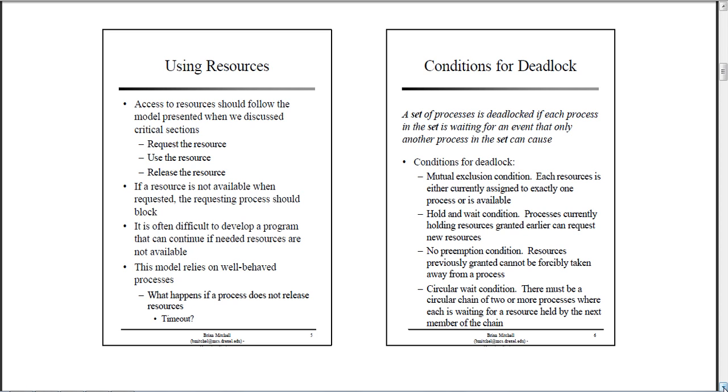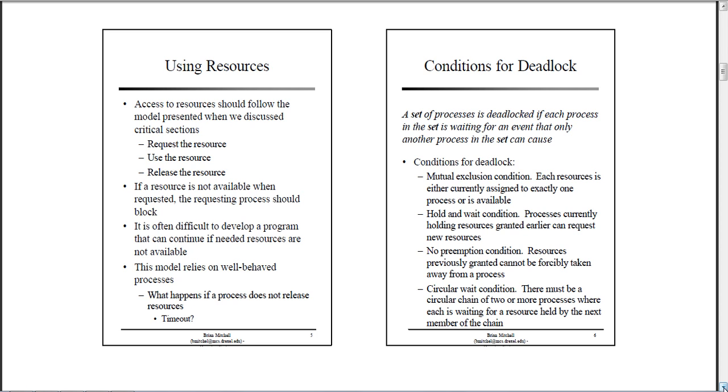Timeout. Conditions for deadlock. A set of processes is deadlocked if each process in the set is waiting for an event that only another process in the set can cause. Conditions for deadlock. Mutual exclusion condition: each resource is either currently assigned to exactly one process or is available.